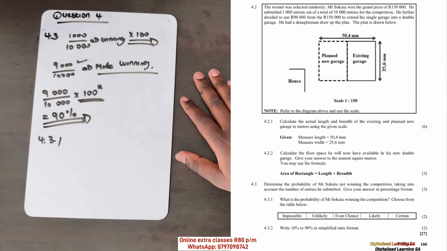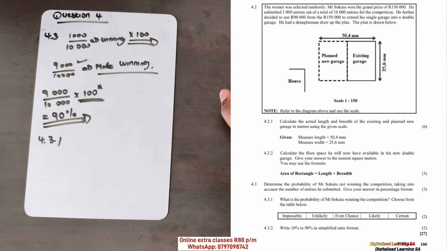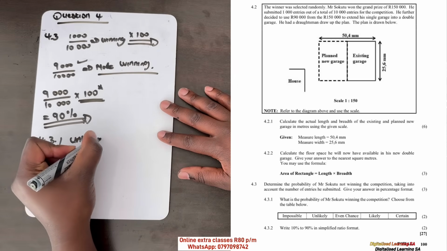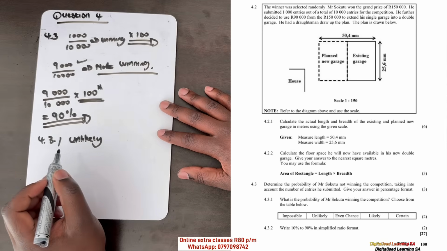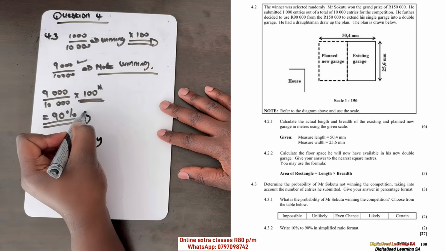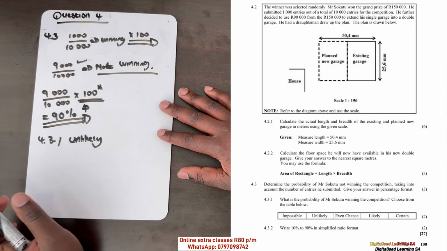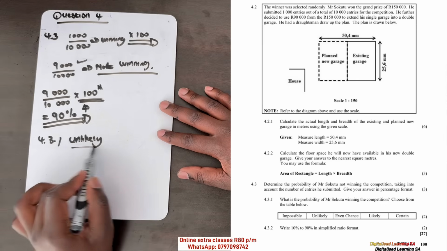That won't be our answer, because it is possible that he can win because he entered 1000 entries. The second option says unlikely. So this will be our answer. It is unlikely that he will win because the probability of him not winning is too high.